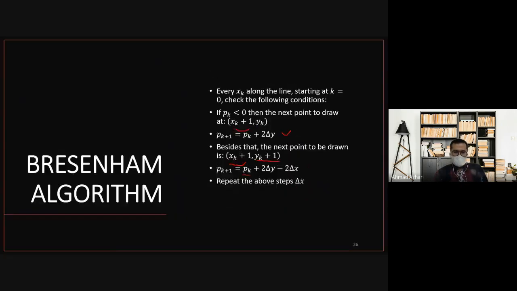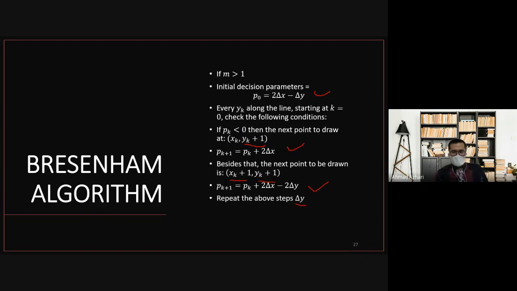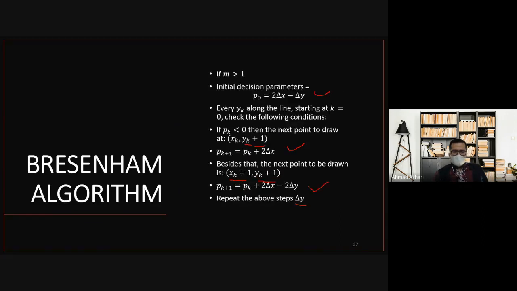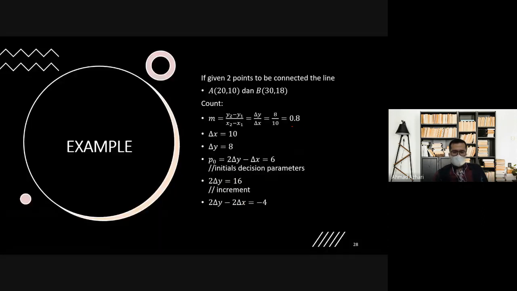As you can see in the rules before, when m is more than 1 we should use these rules, using y along the line. Okay, so we got 0.8, so we use the x, the first x-axis.